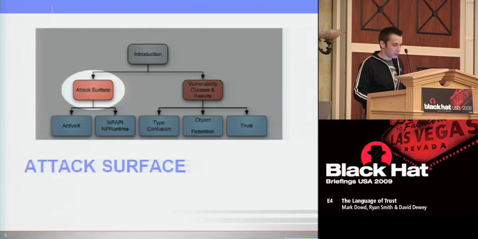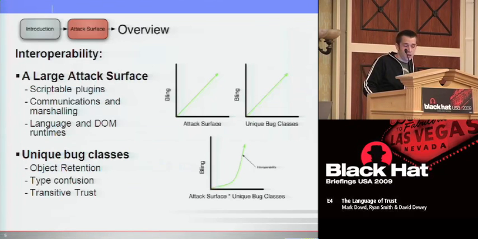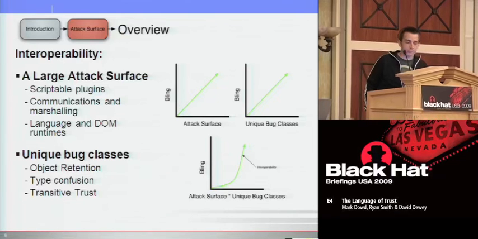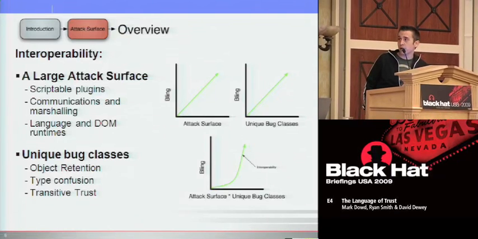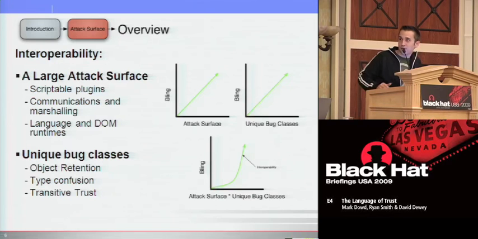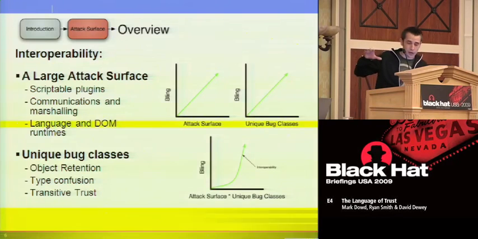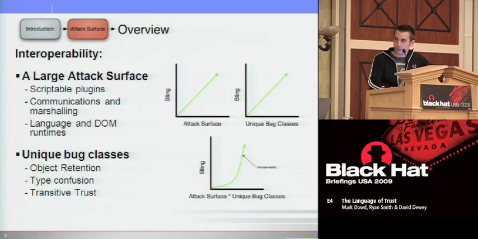As Mark mentioned, we're going to talk a little bit about the attack surface first. With interoperability, there's a very large attack surface: scriptable plugins, communication and marshalling, language and DOM runtimes, and all of these things need to talk together. With interoperability, the attack surface is large, and as the attack surface grows, so does the bling.